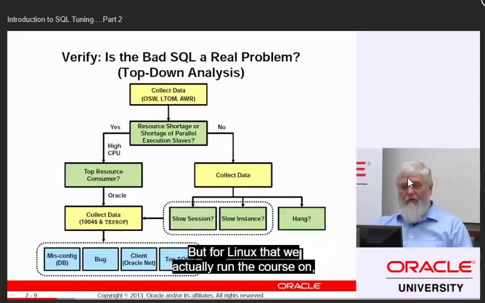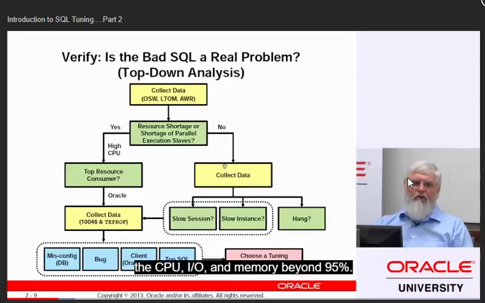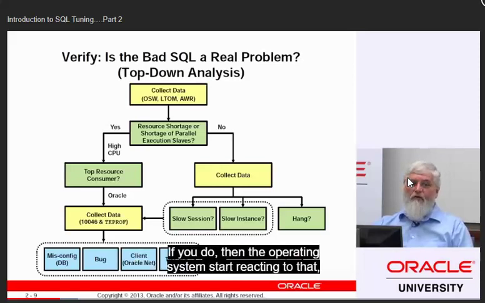If you do, then the operating system starts reacting to that, and it tends to lead to a decrease in performance.